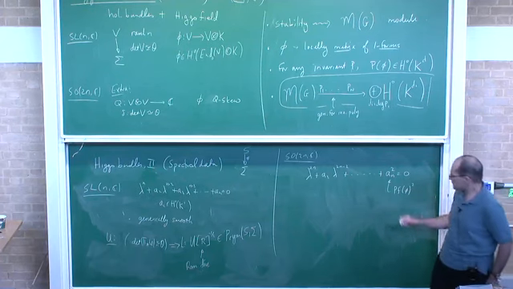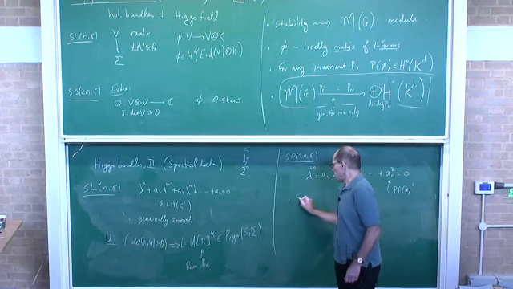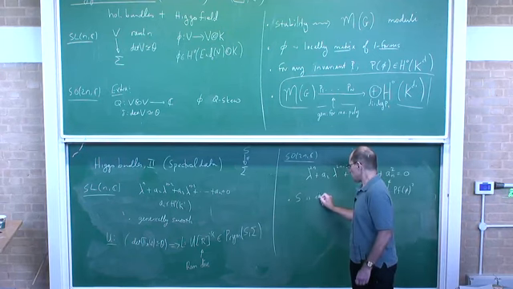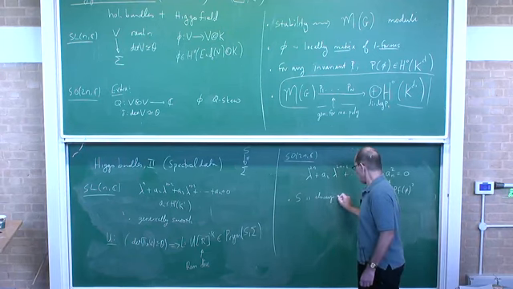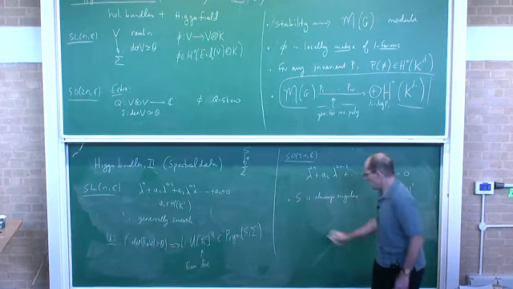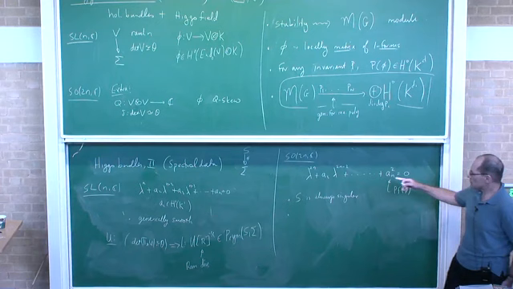Because of this square, this has the consequence that the spectral curve for any choice of these is always singular. That's the bad news. The good news is that it comes with an involution.